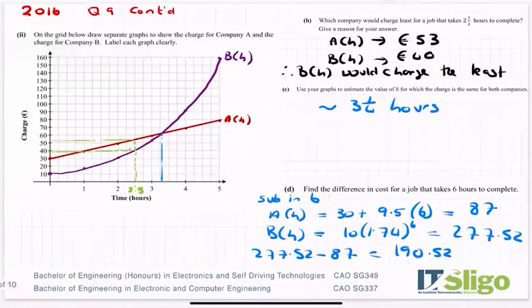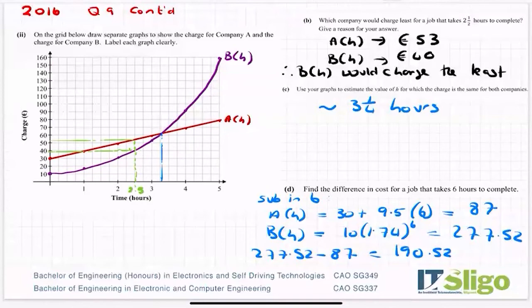But I want to tell you one more question that comes up an awful lot, which is how to analyze that graph. If I asked you, who is the right company to choose for a job, how would you answer it? That's the hardest question they can ask you on reading a graph, because the answer isn't straightforward.